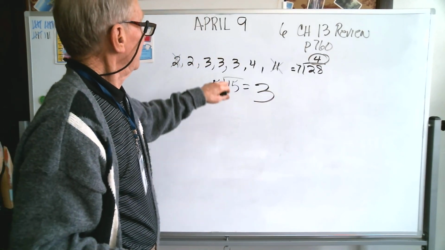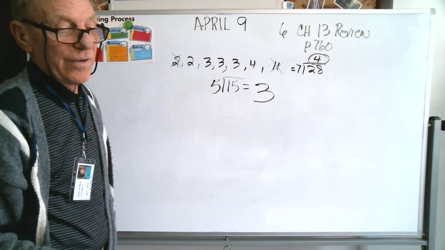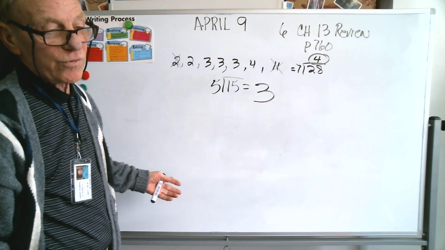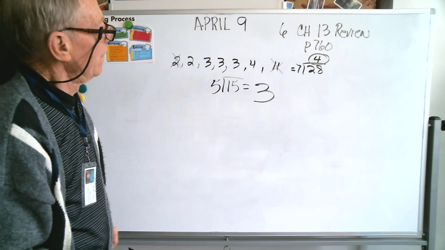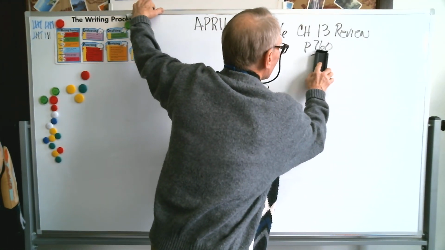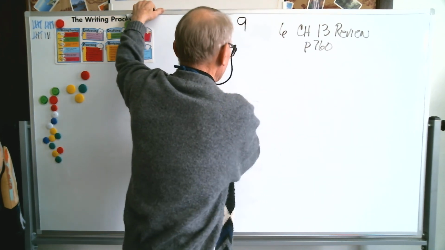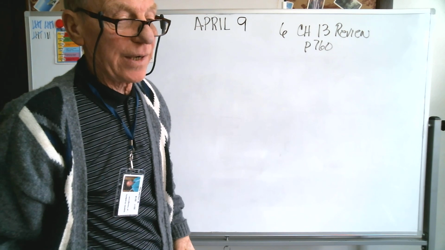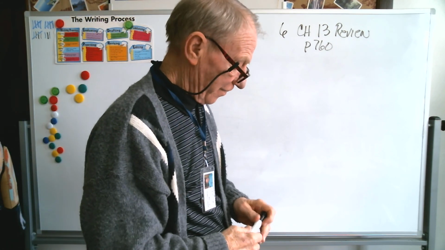And it also is, if you build a dot plot, the 3s would be the mode, the most frequently occurring. So for her to claim that she reads 4 books a month is misleading. She really only reads 3 or less.